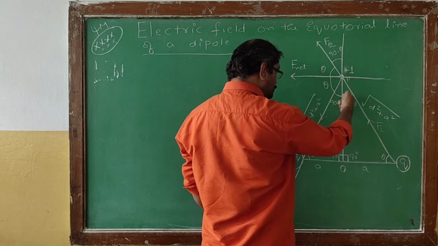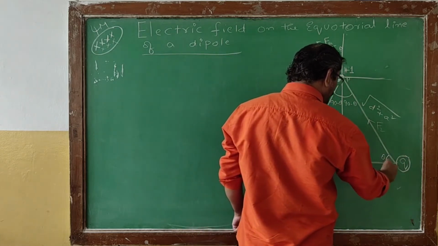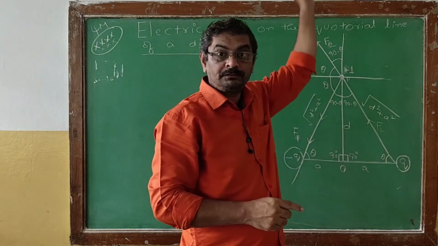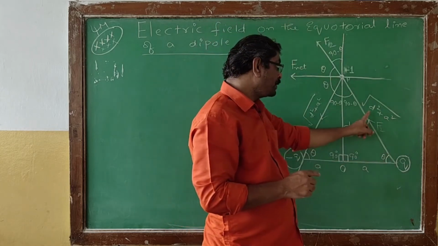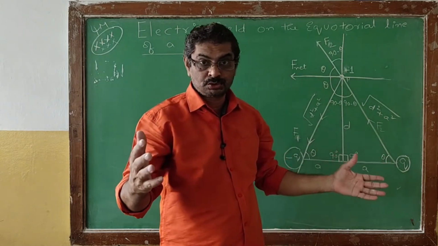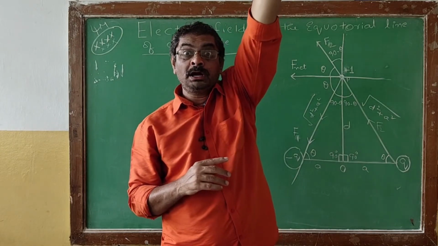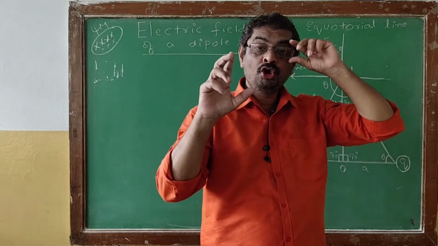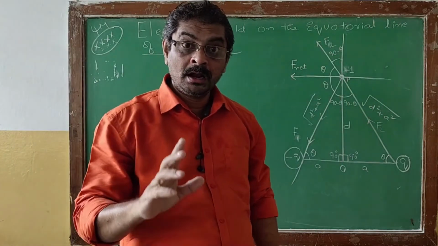So opposite will be D, adjacent will be A. So the hypotenuse of that triangle will be under root of D square plus A square. So that is the reason why both the triangles are identical triangles.